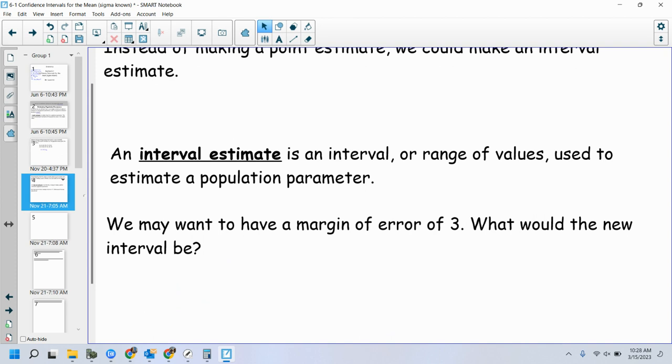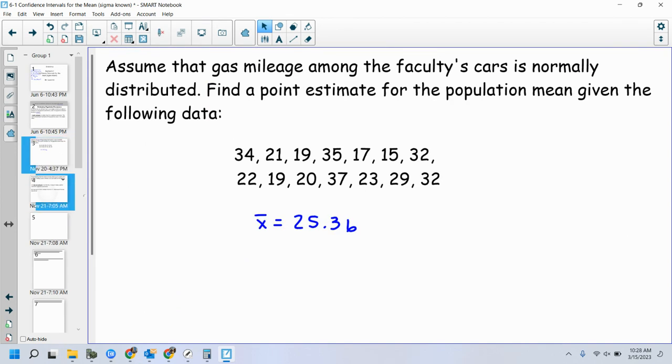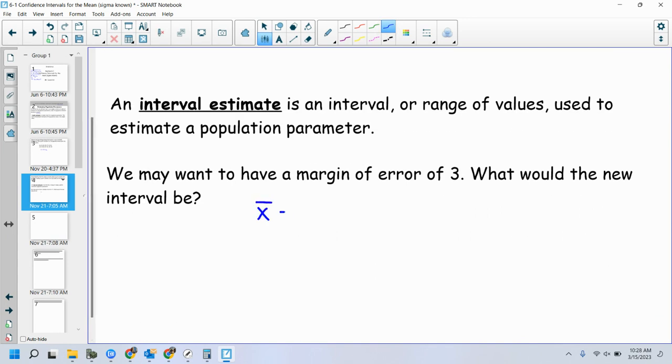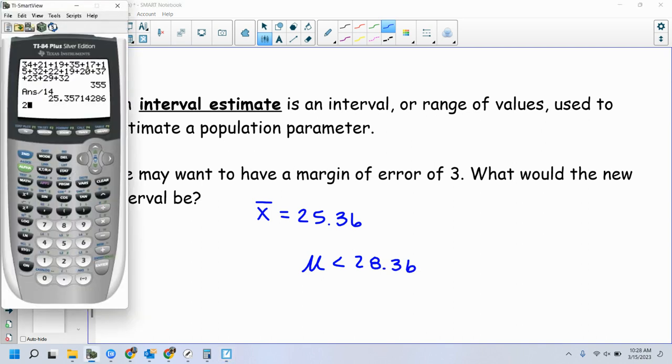So what if my margin of error was 3 for my mean of 25.36? I'm saying if I know X bar was 25.36, my sample mean was 25.36, and I was okay with having a margin of error of 3 units away, well, that would mean that my population mean is somewhere between 3 units above, 28.36, and 3 units below, so 25.36 minus 3.